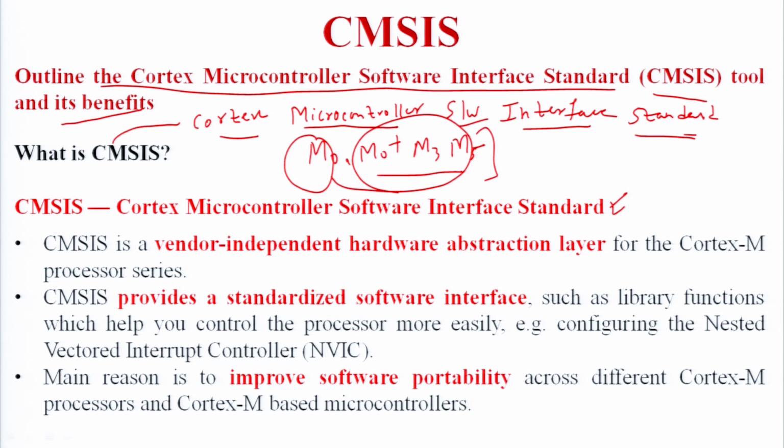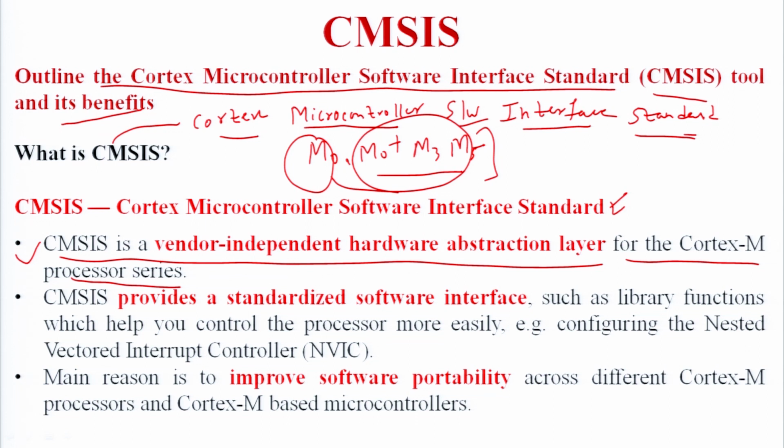Let us start with the introduction of CMSIS. CMSIS is a vendor independent hardware abstraction layer for the Cortex M processor series. What does it mean? It means it is vendor independent.